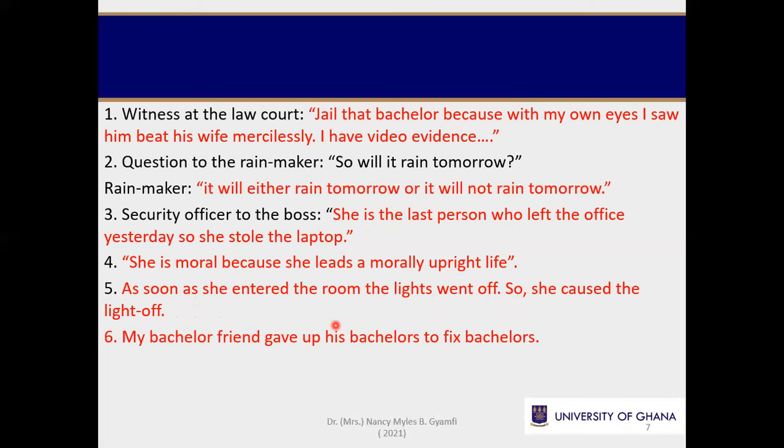As soon as I saw her, when I entered there, the people didn't give me the visa. She caused it. You are making a claim of causal relation. You are claiming that some antecedent condition caused the effect. You see, you are making a claim of cause and effect. How do you establish causality?